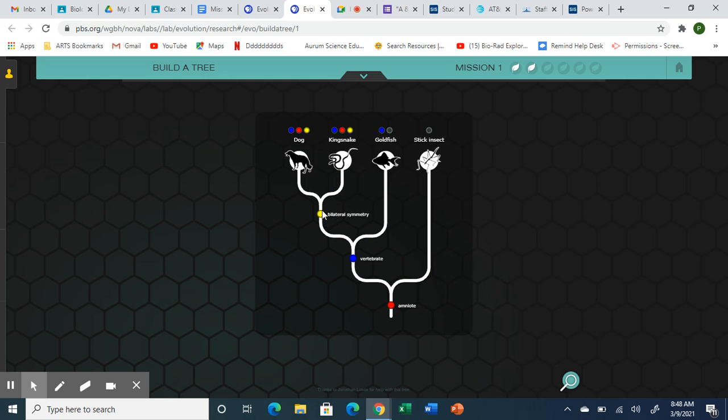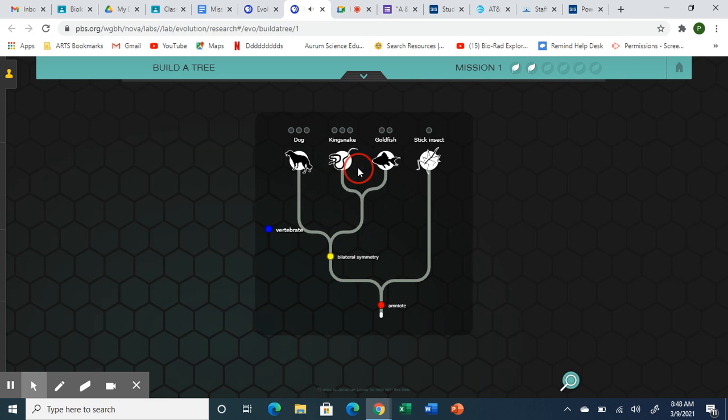All right, they all have bilateral symmetry. And we know that the stick does not have a backbone.